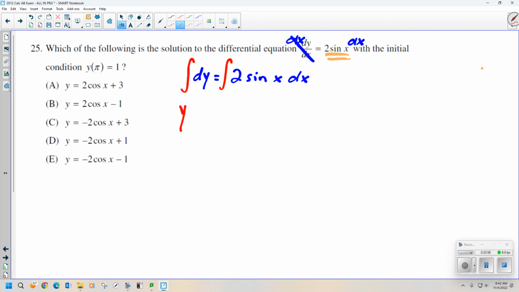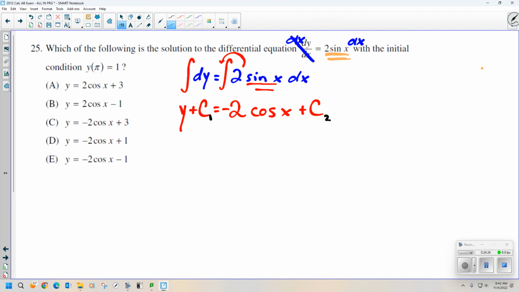This gives me y plus c, let's not forget our constant, equals, I'm going to pull this constant out, 2. What do I take the derivative of to get sine? I take the derivative of negative cosine to give me sine. And again, I have to have a plus c over here. Let's call this c1 and c2.